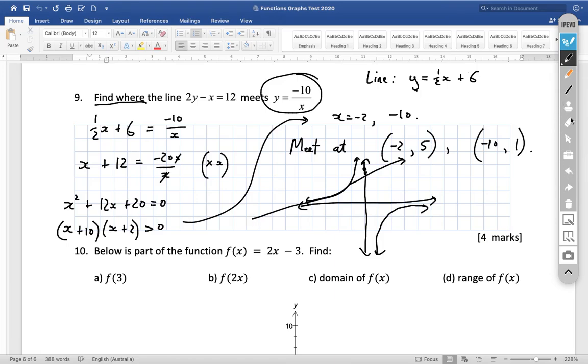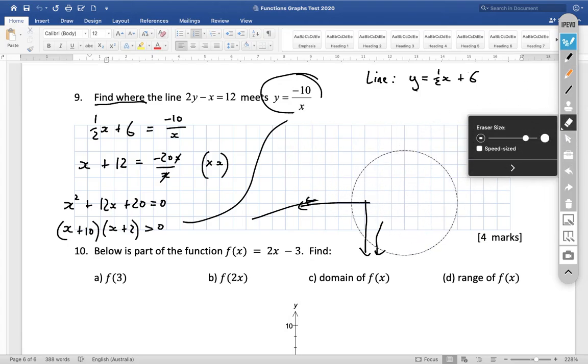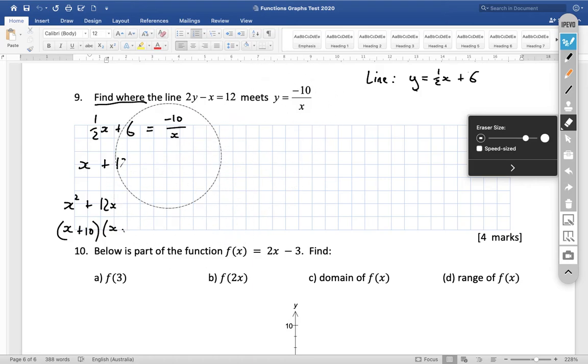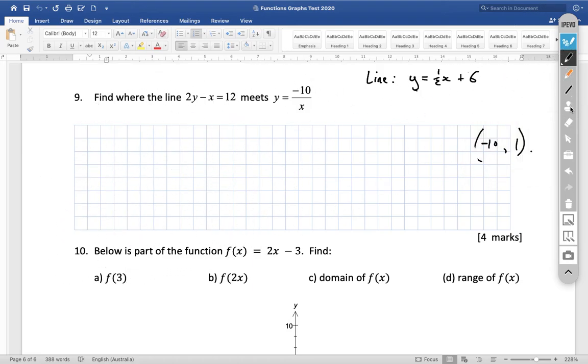How about we just graph it on the calculator? I know I've been really going on about this, but you know, these calculators are new for you guys.